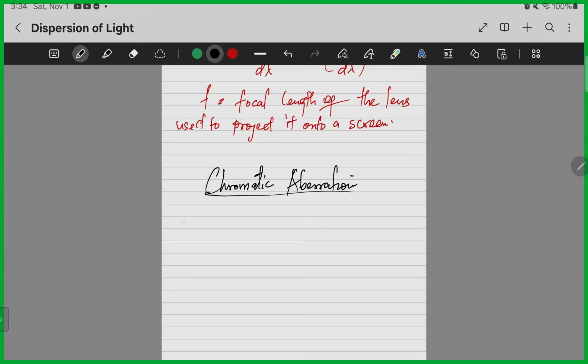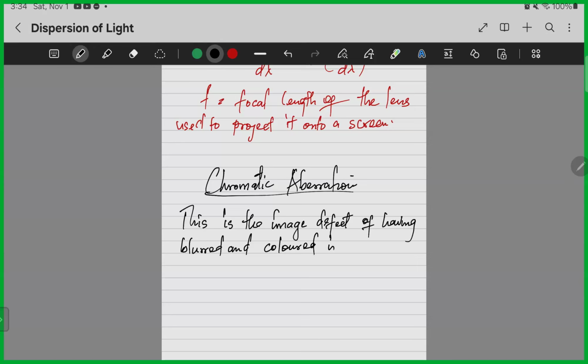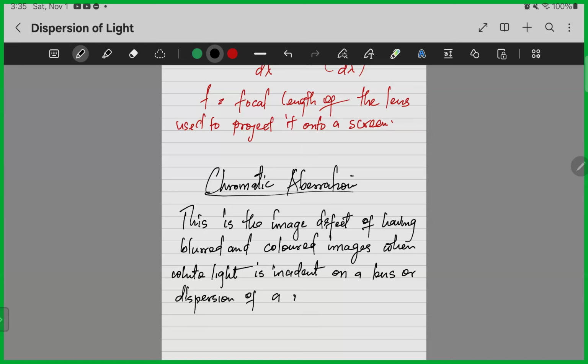This is the image defect of having blurred and colored images when white light is incident on a lens, or by the dispersion of a narrow angle prism.